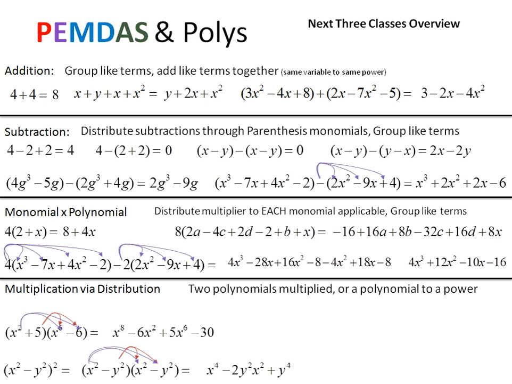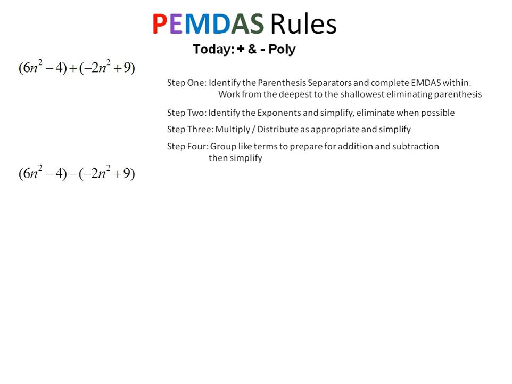All right, let's go back to addition and subtraction, which is our main goal today, and make sure we solidify that very well and that you understand it. Let's start with these two examples. Step by step, make sure that you identify parentheses separators. Those are the two different polynomials that are being added together in this particular case.